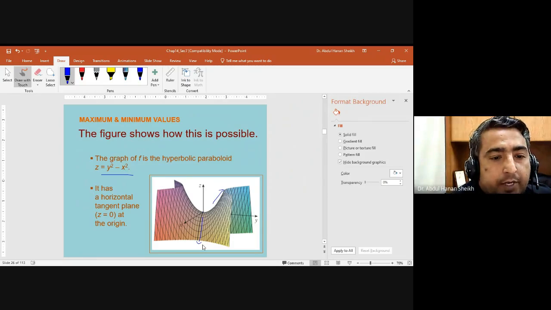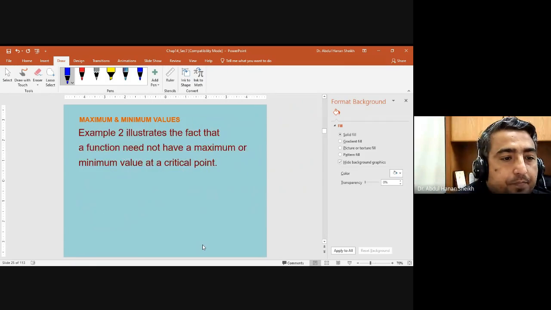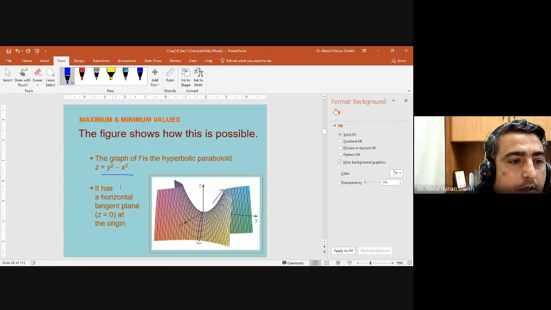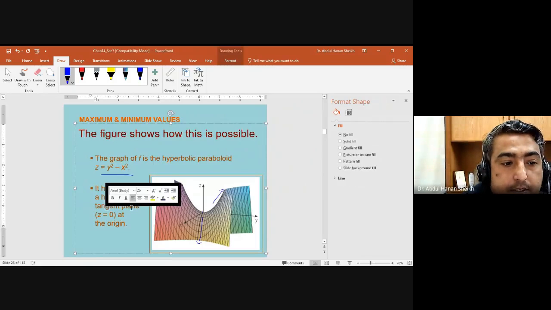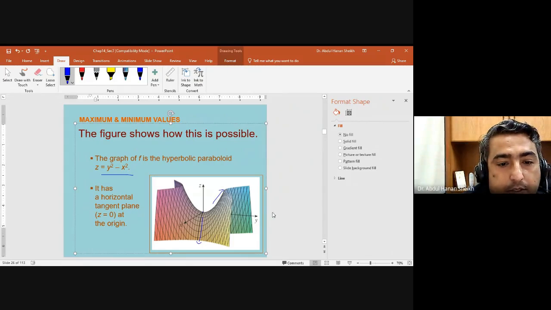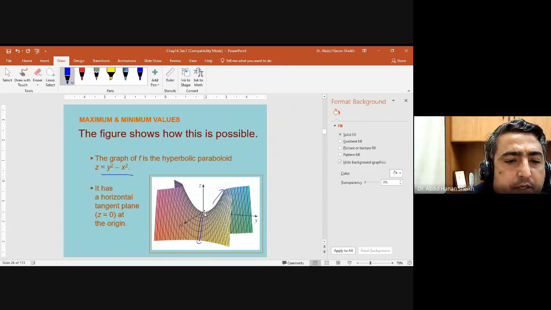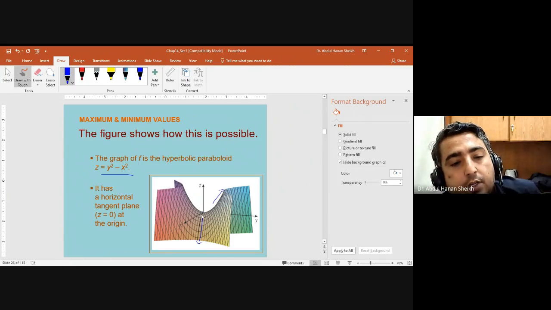Now, the interesting point is it has a horizontal tangent plane at the origin, but if you consider x equal to 0 and go along the y-axis, then this point is a minimum point.